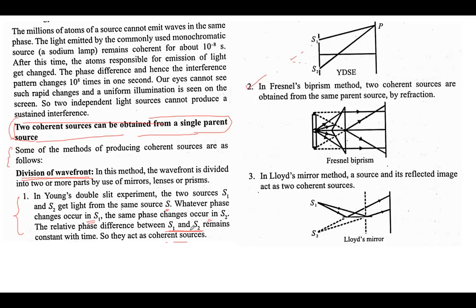Relative phase difference between S1 and S2 remains constant with time, so they act as coherent sources. और Fresnel biprism में two coherent sources are obtained from the same parent source, and similarly Lloyd's mirror method में, ये सब interference के अलग अलग तरीके हैं, right? So in Lloyd's mirror method, a source and its reflected image act as two coherent sources.